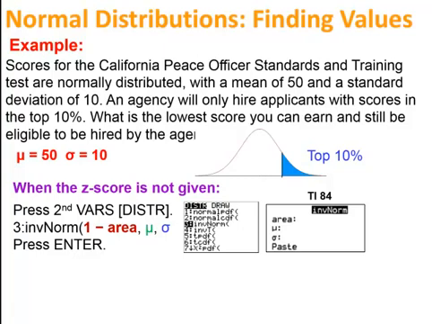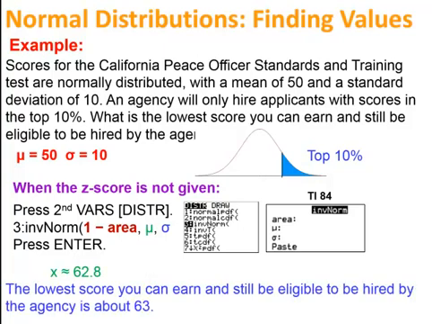So it's 1 minus that 10%, and then you'll put in the mean and the standard deviation, and you'll end up with the actual lowest test score you could earn would be 62.8, or 63 if you were to round. So again, it's interpreting what the words are saying.